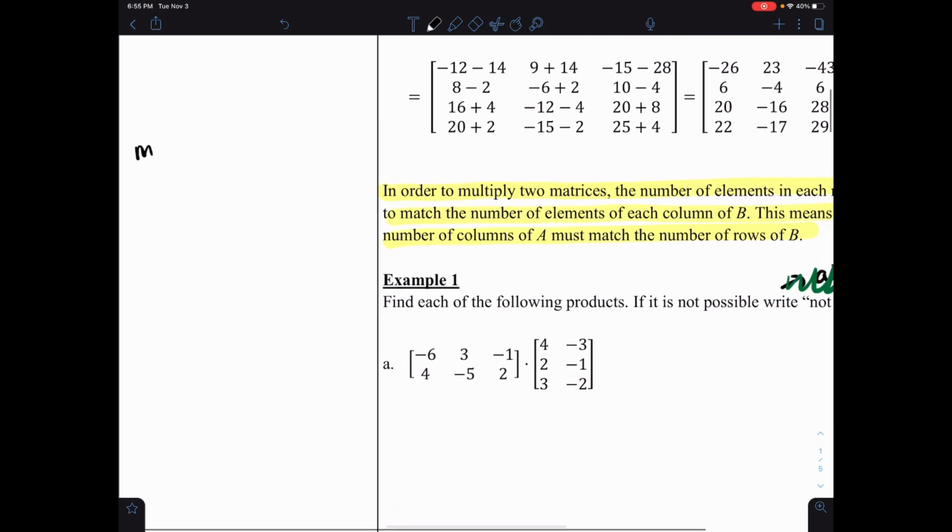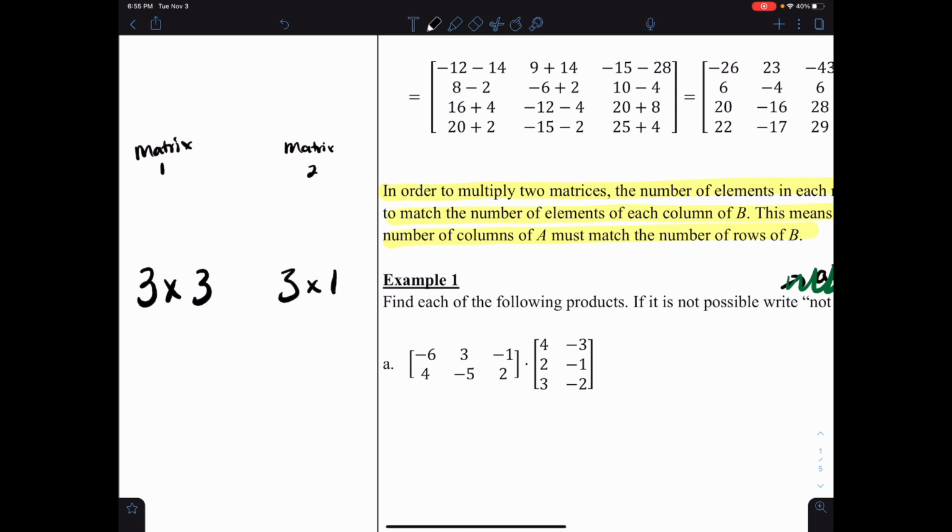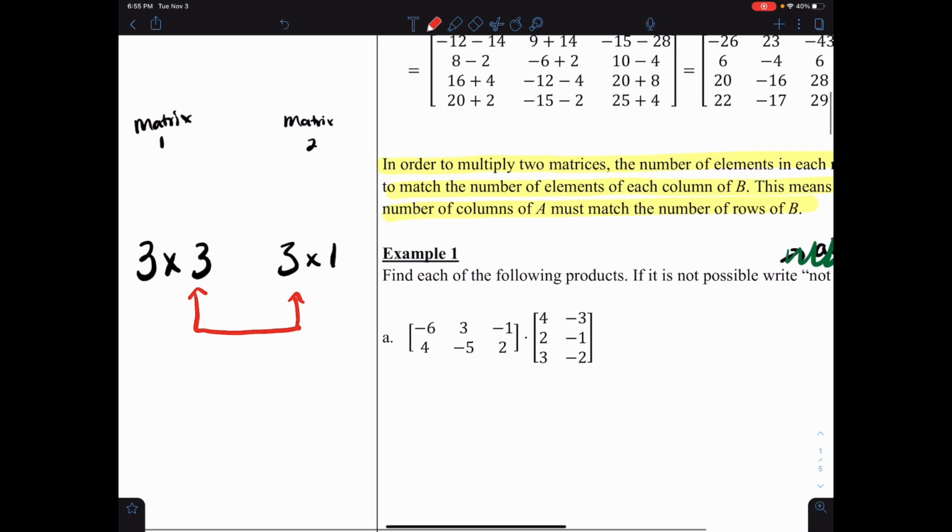So I'm just going to label, we're going to have two matrices. So this will be matrix 1, and this will be matrix number 2. And then I'm just going to label some random sizes. Like let's say we had 3 by 3, and we're going to multiply it by a 3 by 1. So what we always have to do to start with matrix multiplication is check to see if it's even possible. So we have to check to see that these inner things must be the same.